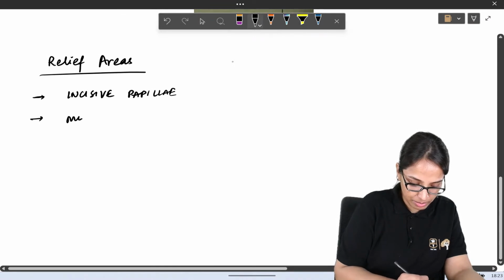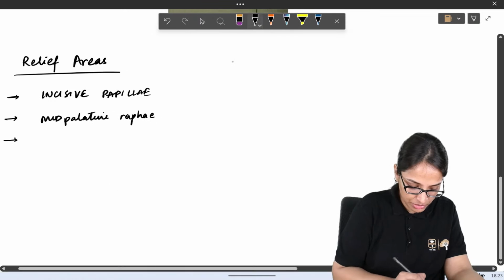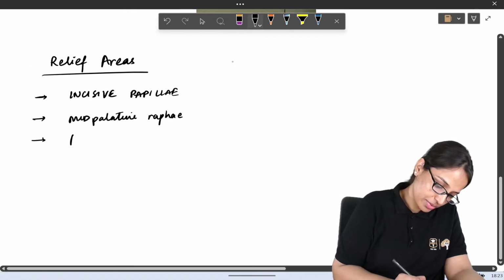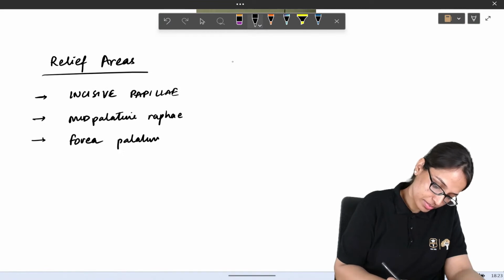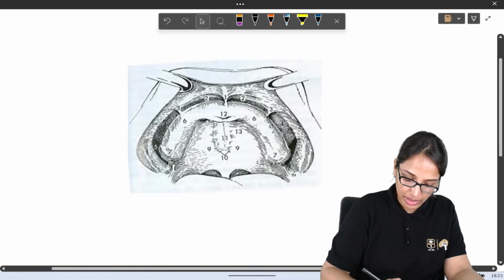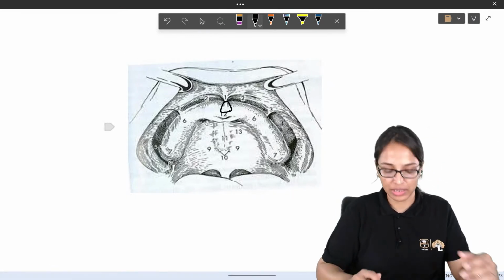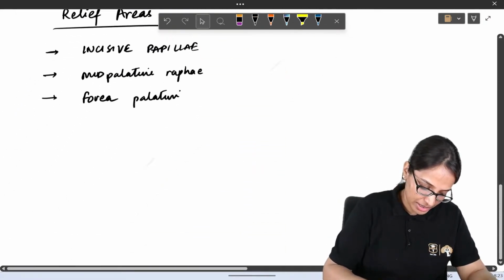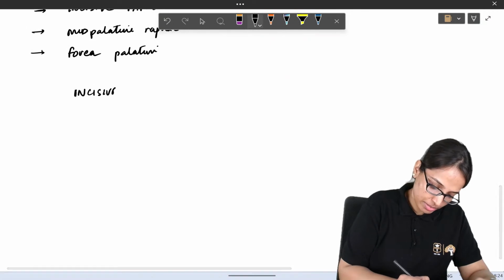Second is your mid-palatine raphe, and third is your fovea palatini. Let us identify them on our image here. In the anterior portion of the maxilla, you have your incisive foramen. Let us start with the incisive papilla.